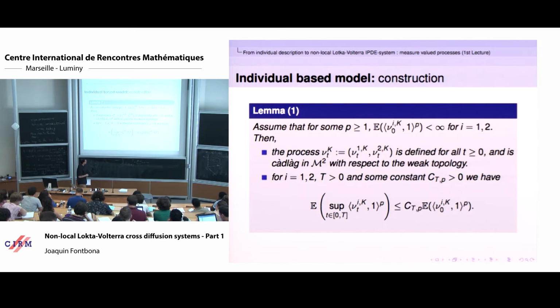Moments of the total mass at each time, okay? And if I assume that this total mass has some finite moment of order p at time 0, this property will propagate for finite time intervals.